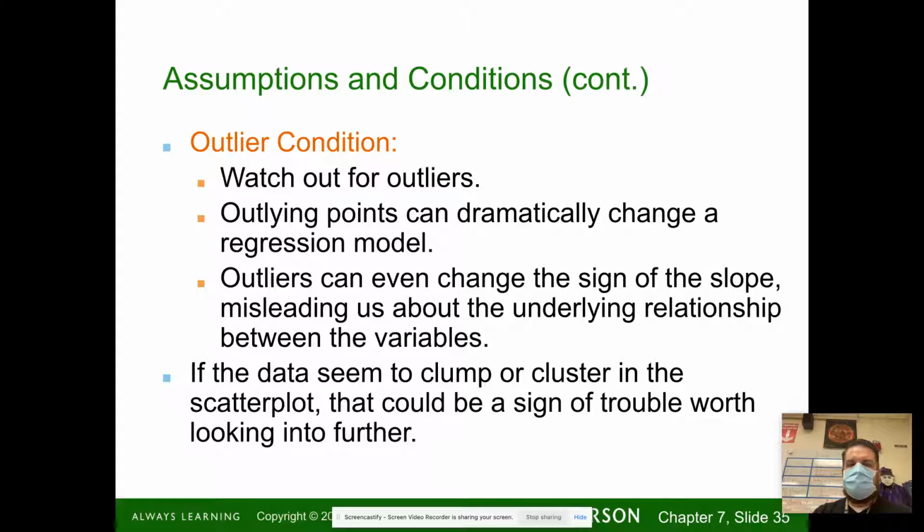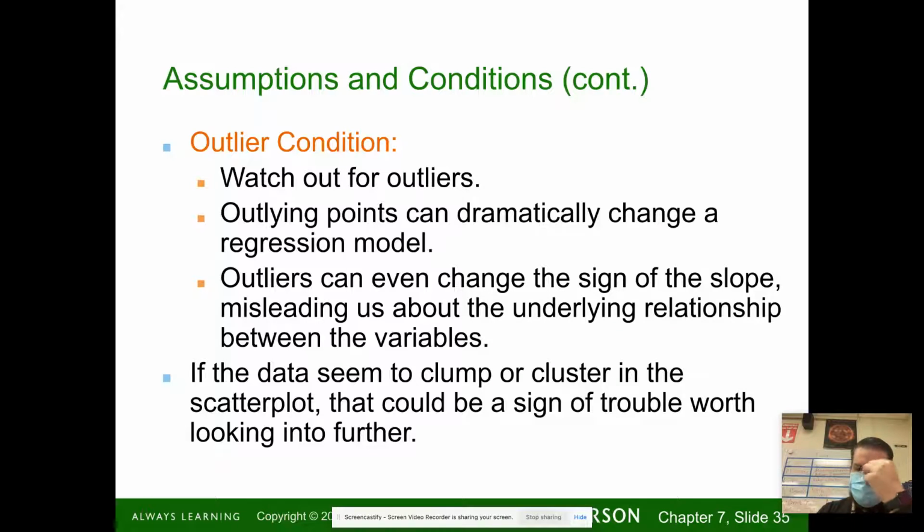Outlier condition: watch for outliers. That really affects the math. Outliers can even change the slope of the line. If you have some bizarre outlier that's way off the beaten path, you have to factor that in mathematically, and to get a line of best fit, you might have to change your slope.